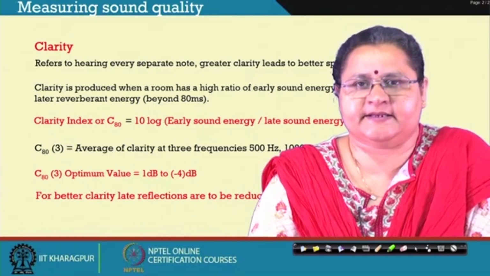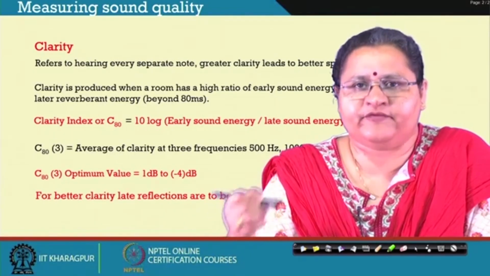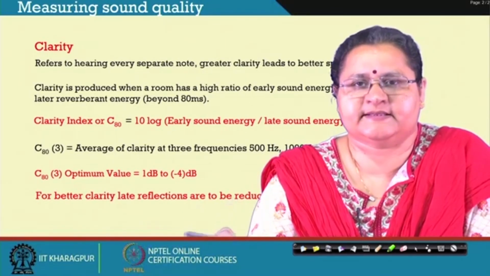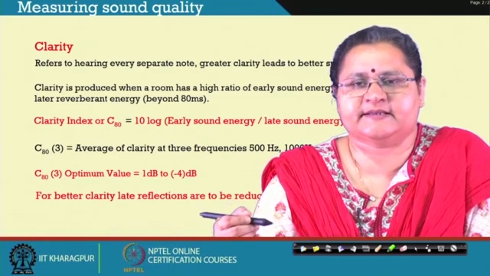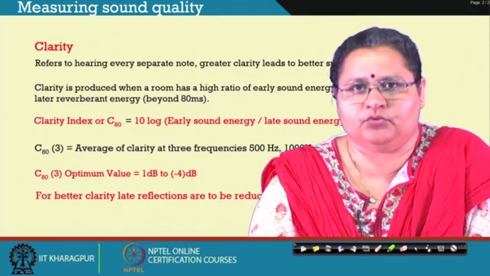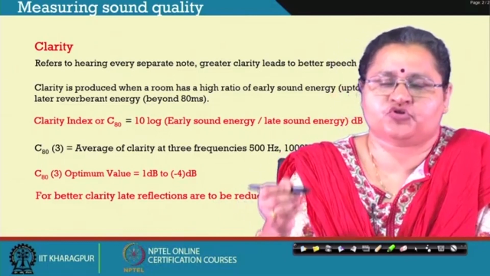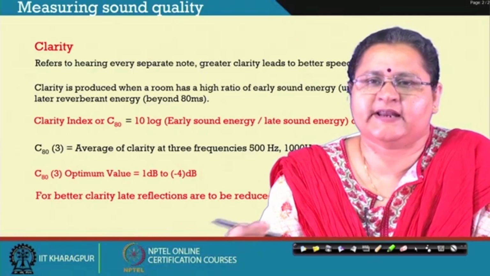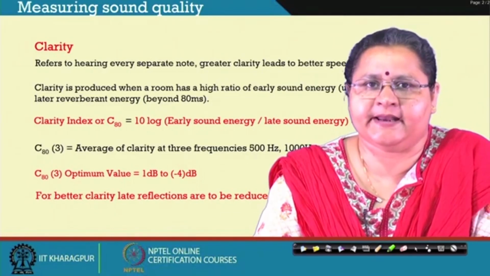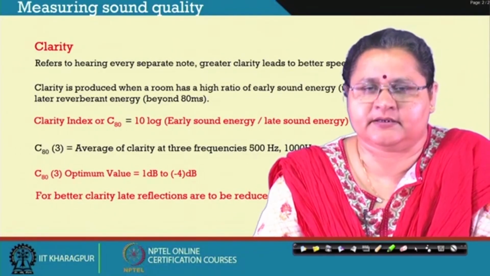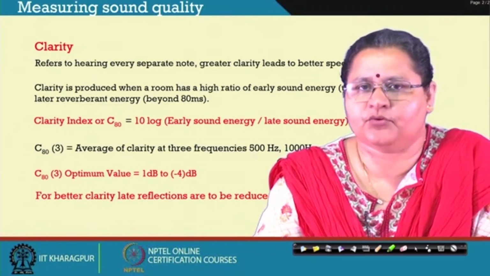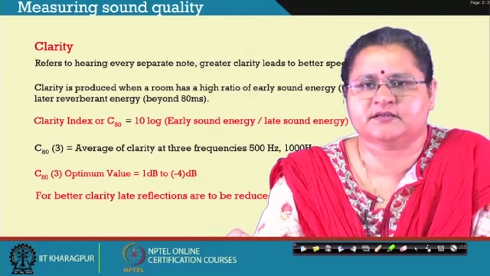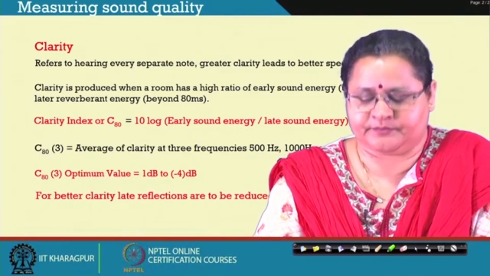Within 80 milliseconds, you are trying to reflect or diffuse the sound within the system, but beyond 80 milliseconds you are targeting to decay the sound, so that you can get a higher value of clarity. To get a higher value of clarity, you are encouraging the early sound energy and not the late sound energy. So, you need to put absorbers beyond the sound's reach after 80 milliseconds.